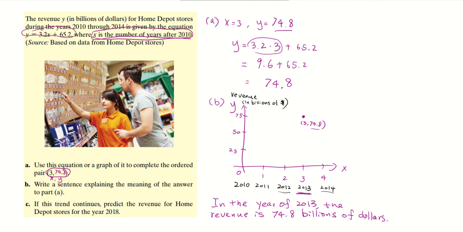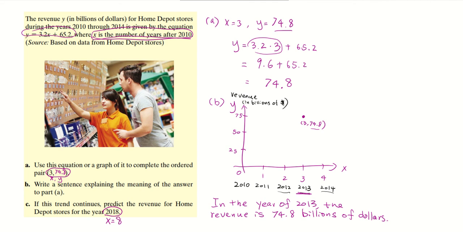Now let's look at the C part. If this trend continues, predict the revenue for Home Depot stores for the year 2018. So the year 2018 is 8 years after 2010. So here that corresponds to x equals 8.